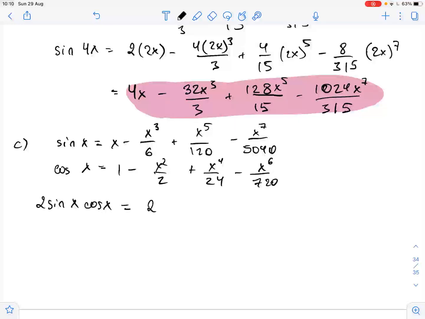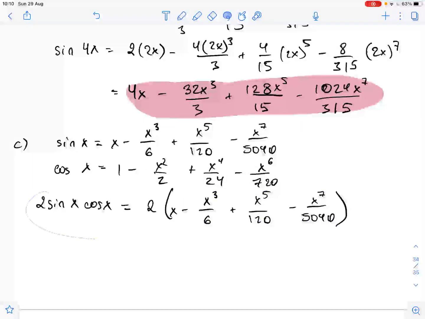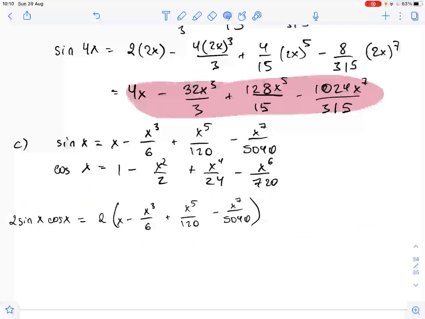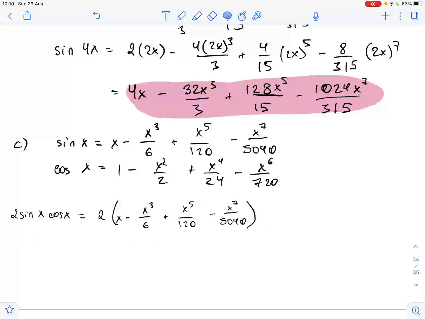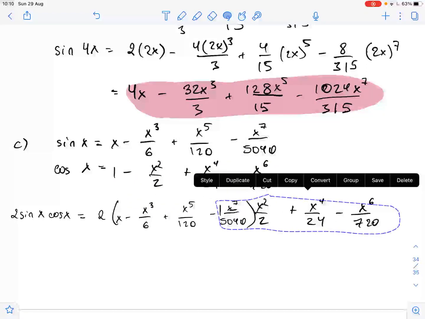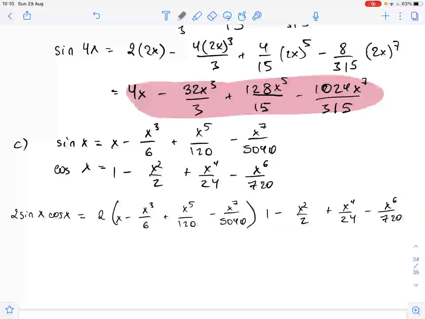Then 2 times sine x times cosine of x equals 2 times the series for sine x, times the series for cosine x.